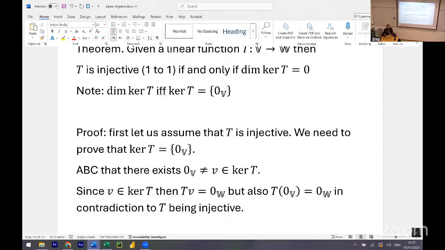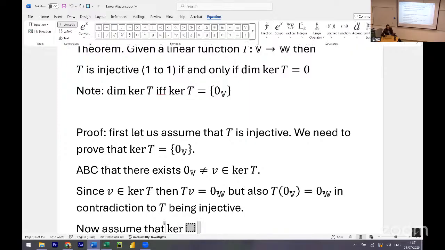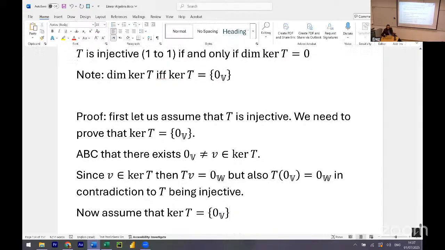In the other direction, now assume that the kernel is only 0. And we wish to prove, and we will prove that T is injective.